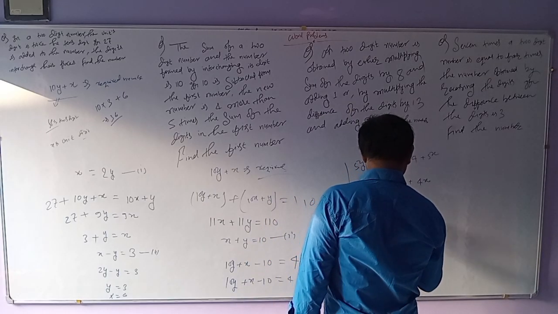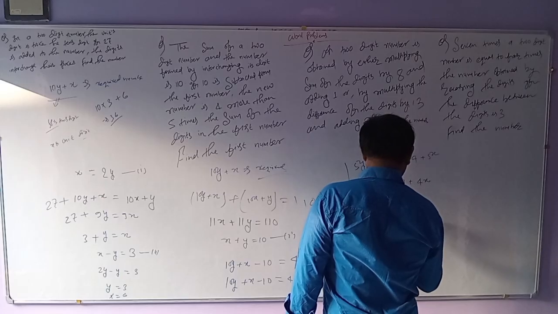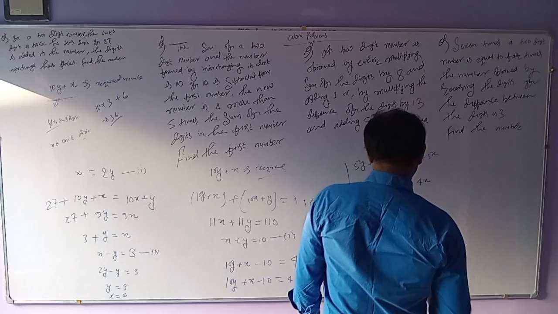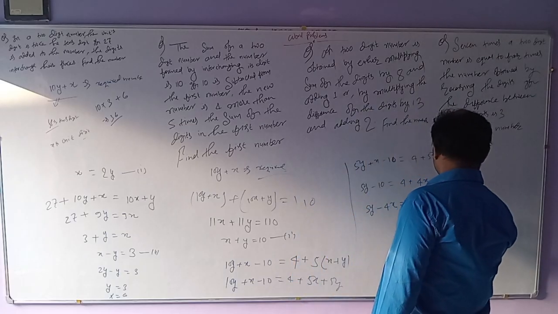The equation becomes 5y minus 4x plus 14, and this is our second equation.